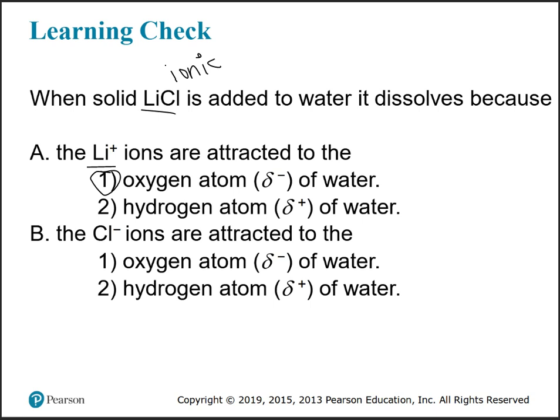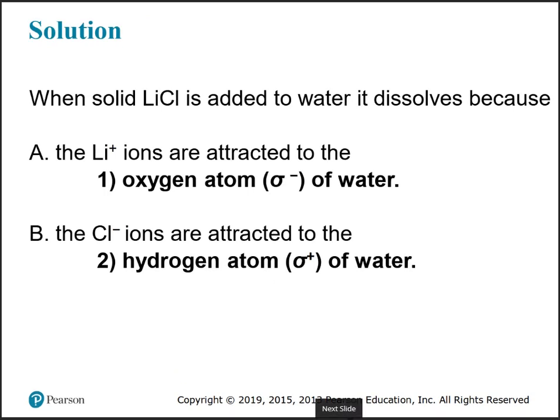So now B, the chlorine ions are attracted to, is it 1, the oxygen atom, or 2, the hydrogen atom? Hydrogen. Right. So that's how things dissolve. They're attracted to the partial positive or the partial negative when it comes to an ionic solute dissolving in water. Okay, great. And there's the answers.